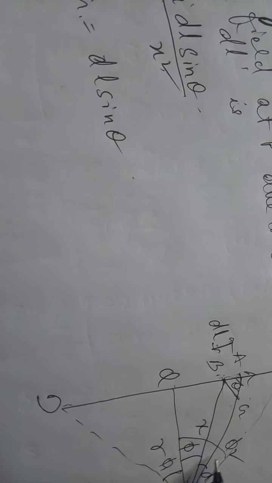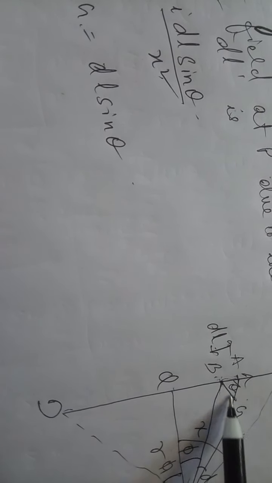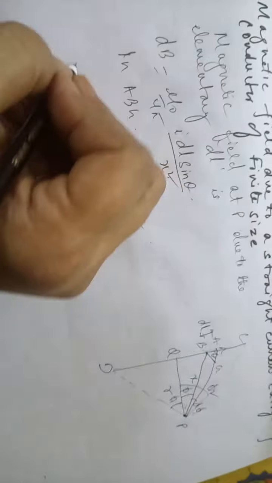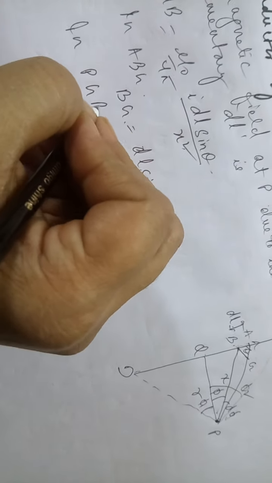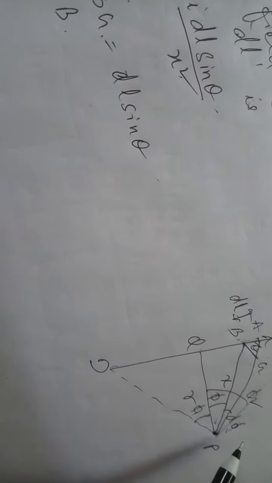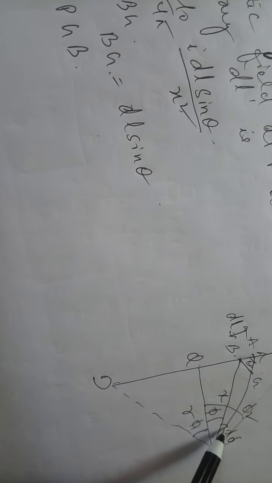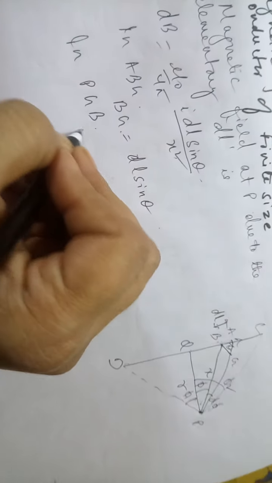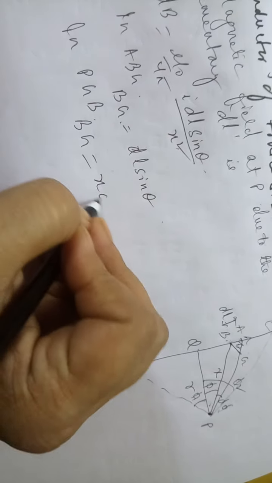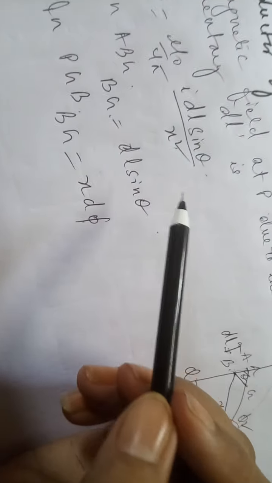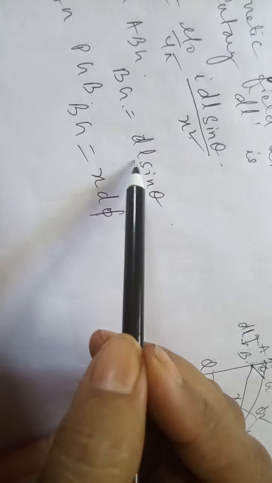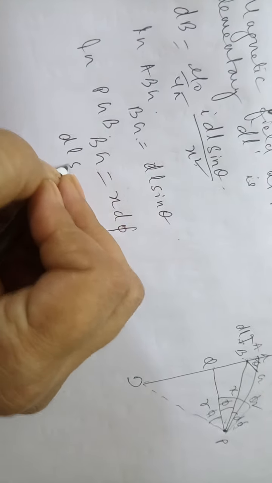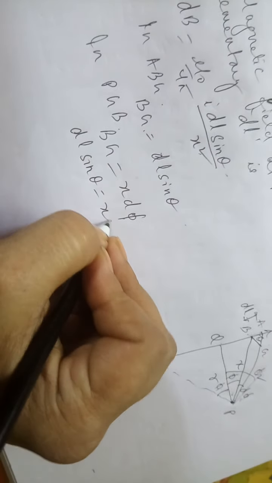Again, from the same figure, in triangle PGB, if we consider this angle d phi to be very small, we can write BG equals x d phi. Since the two BG are the same, dl sin theta can be replaced by x d phi. So we have the condition dl sin theta equals x d phi, right?